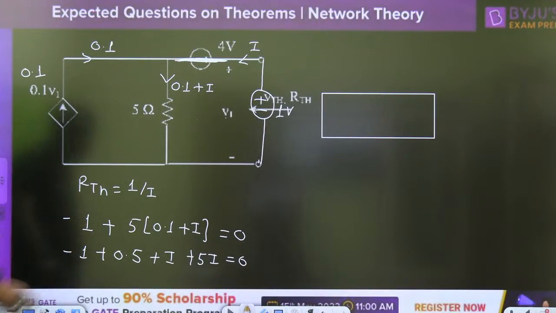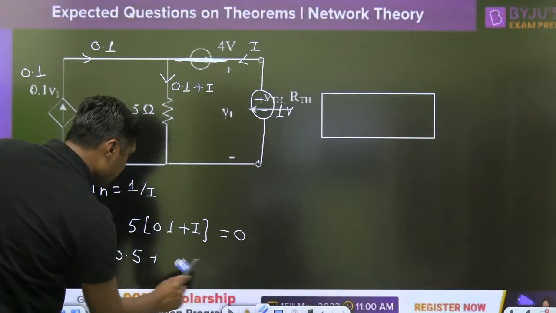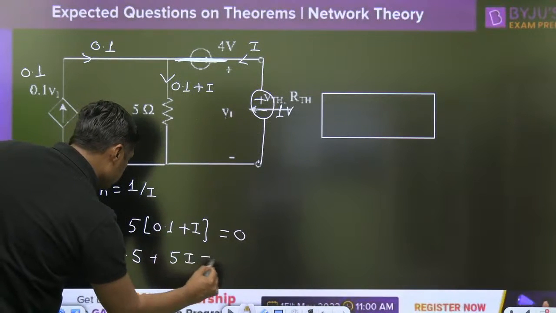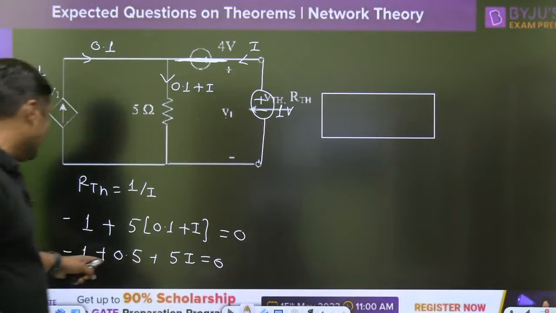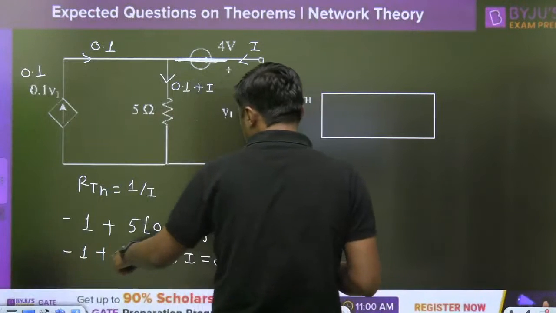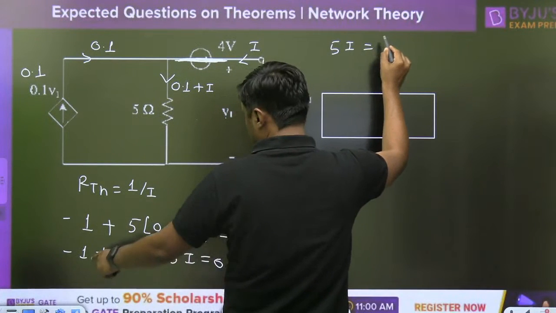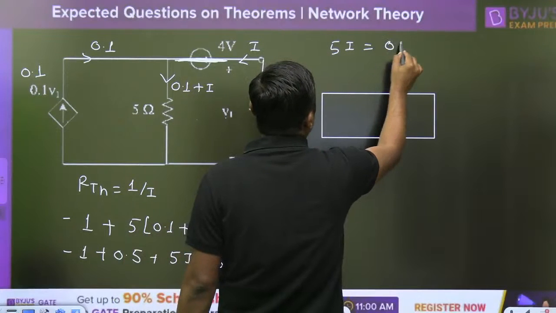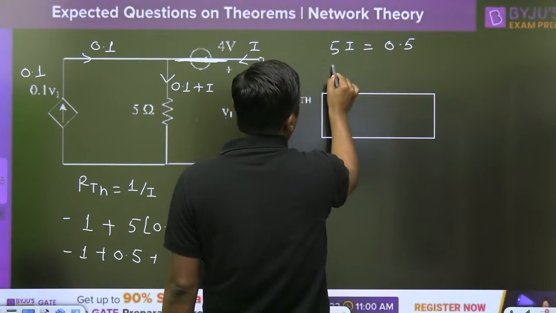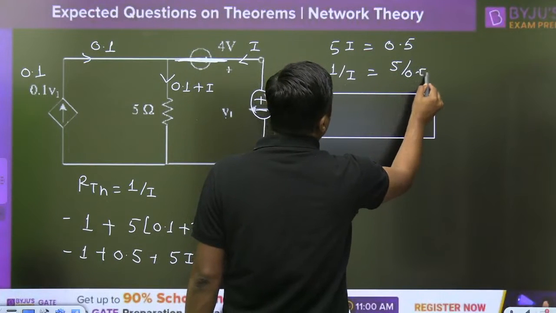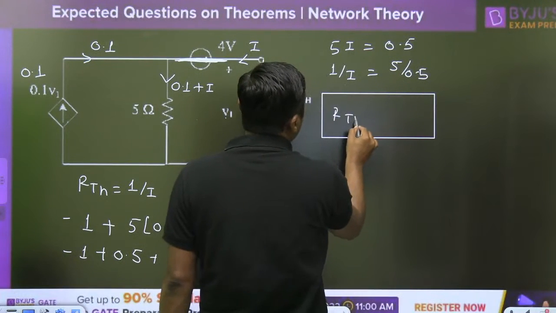So this is 5I. Okay, then what will happen? This is the minus 5I is equal to 0.5. What is the 1 by I? 5 divided by 0.5, that is nothing but 10.